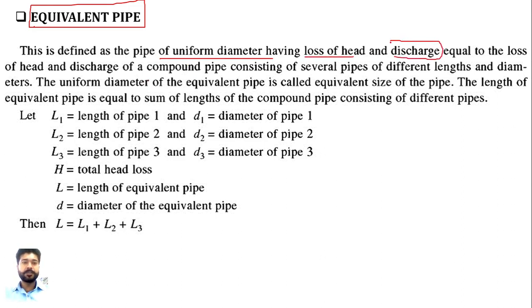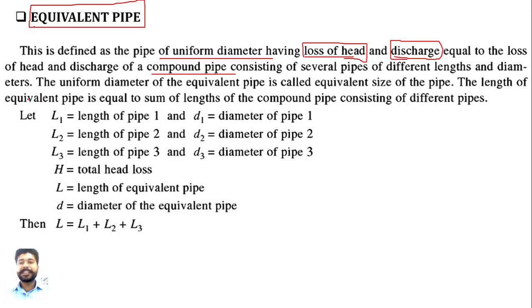Just remember these two things, the loss of head and discharge, which are equal to the loss of head and discharge of a compound pipe, meaning pipes in series, consisting of several pipes of different lengths and diameters.